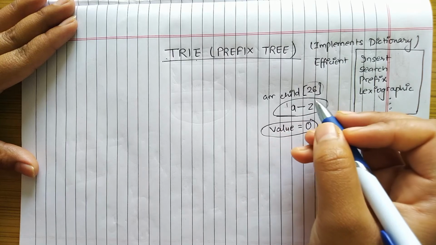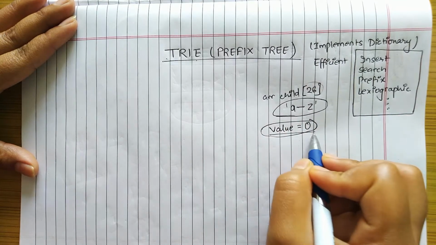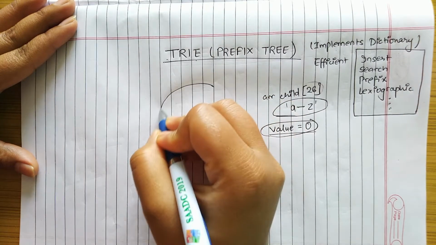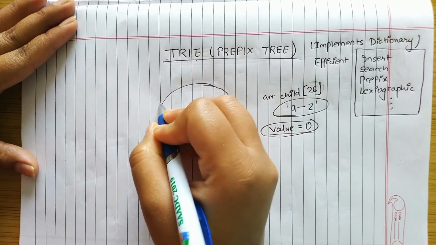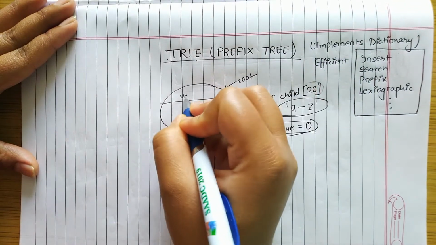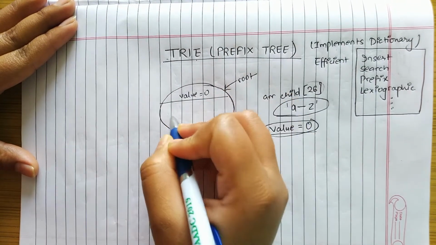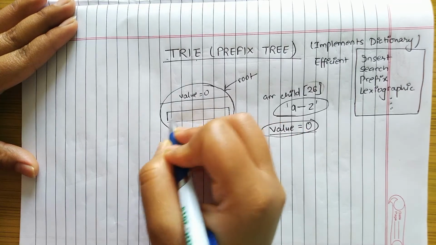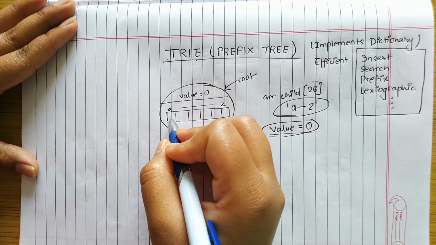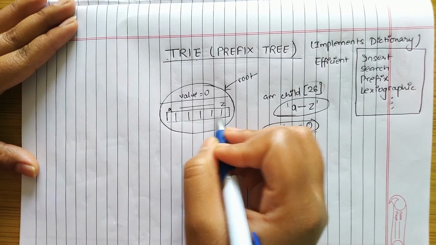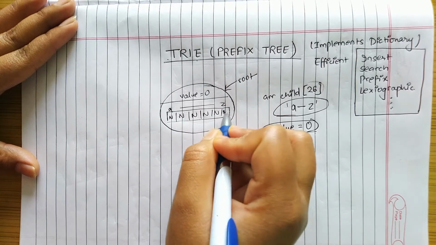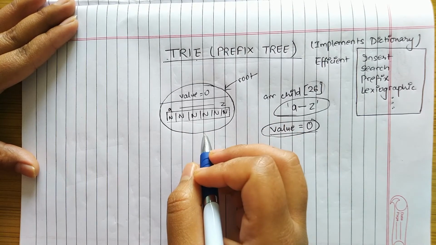So our structure will basically look like this. This is a root, the value is initially 0, and we have an array a to z of indexes 0, 1, 2, 3, 4, 5, and initially everything is null. So this is how our data structure should look.